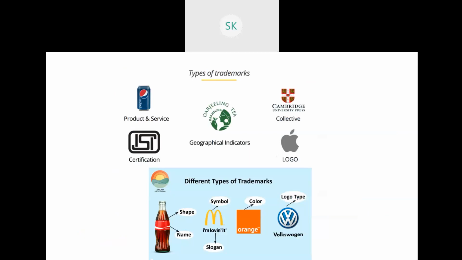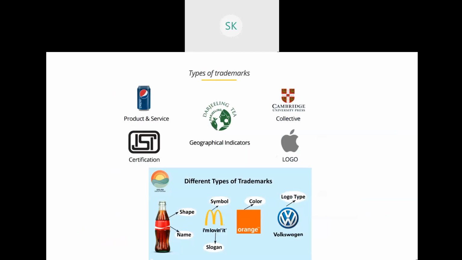Then the certification ISI mark is also a trademark. Then the logo of Apple is also a trademark. It provides goods, a physical component, that is a product. Cambridge University also has a trademark, though it does not provide a product, but it provides a service, that is education.